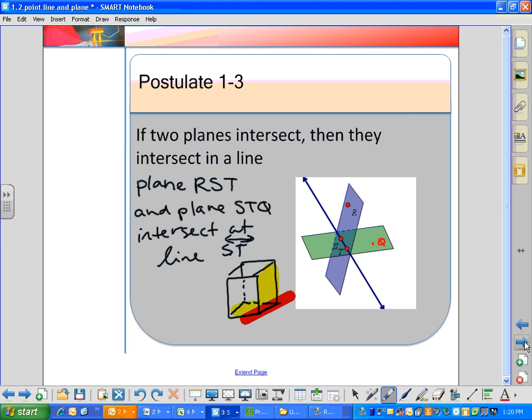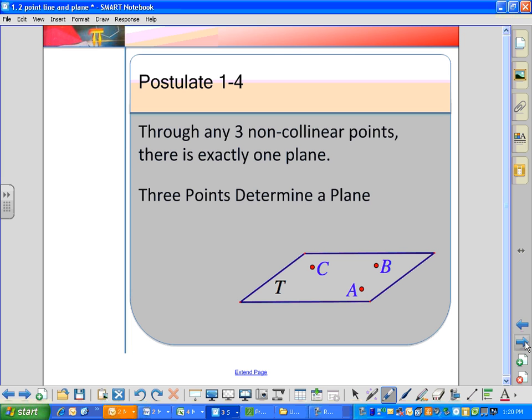Okay, so one more postulate to go and then we're done with this lesson. And that is 1-4. And it says through any 3 non-collinear points, there is exactly 1 plane. And that's really important because if you had collinear points, I'll give you an example.